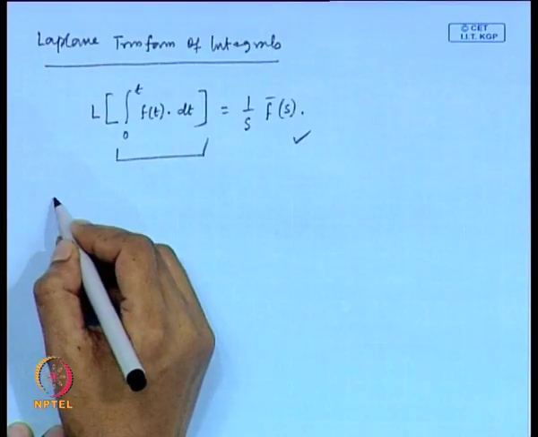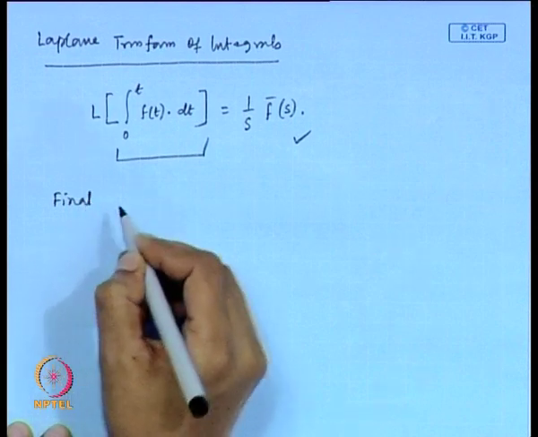Two other formulas are also in use in process control: the final value theorem and the initial value theorem.